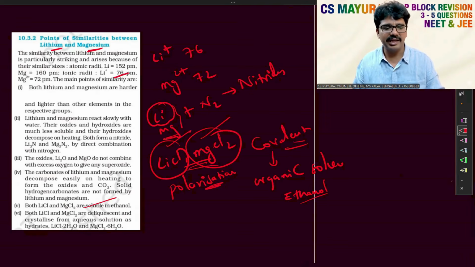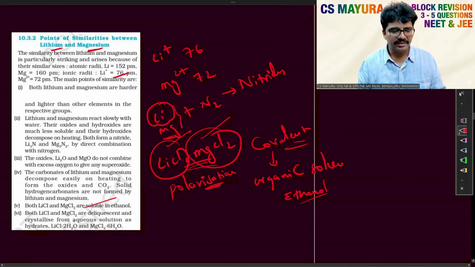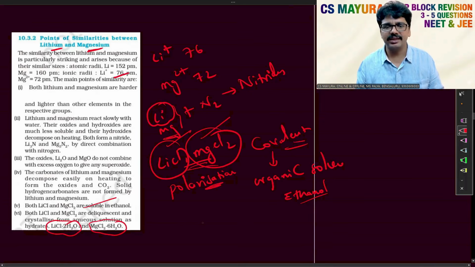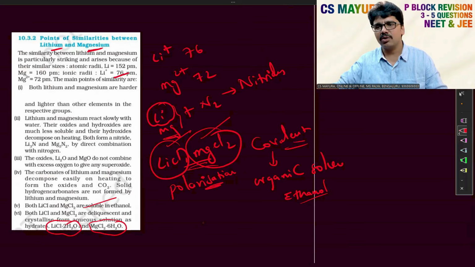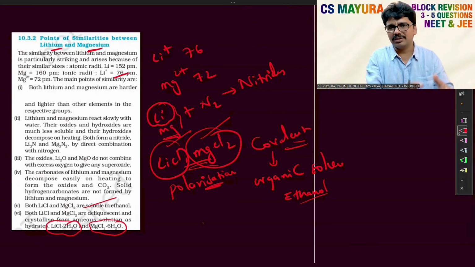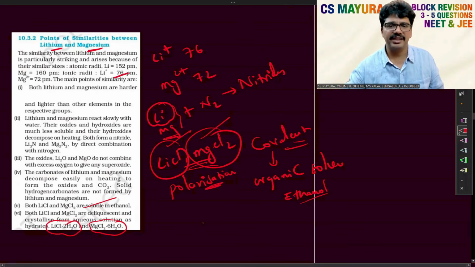This property is called deliquescence. Lithium chloride exists as LiCl.2H2O and magnesium chloride exists as MgCl2.6H2O in aqueous solution. But other salts of first group do not have deliquescence. Only lithium chloride and magnesium chloride are deliquescent. So lithium shows the diagonal relationship with magnesium.